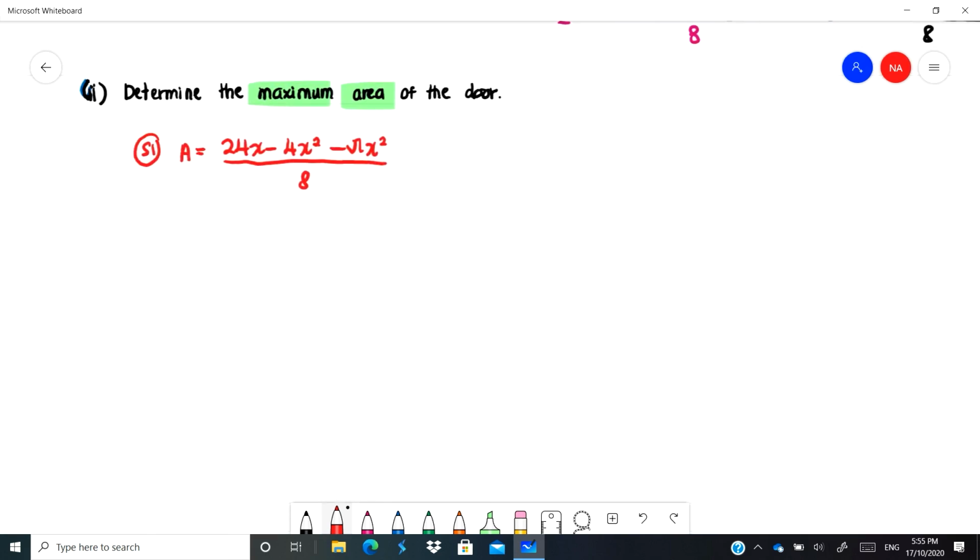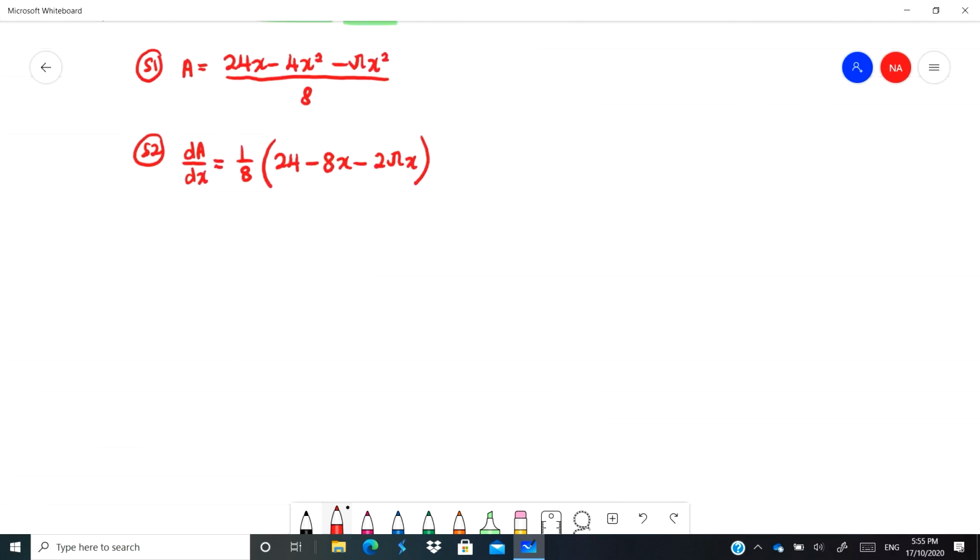Now step number 2, we are going to differentiate this. In this case dA over dx, because the function of A is in terms of x. I'll just put 1 over 8 in front here. I'm going to differentiate the numerator, so I'll have 24 minus 8x minus 2 pi of x. Now step number 3, we let dA over dx equal to 0.